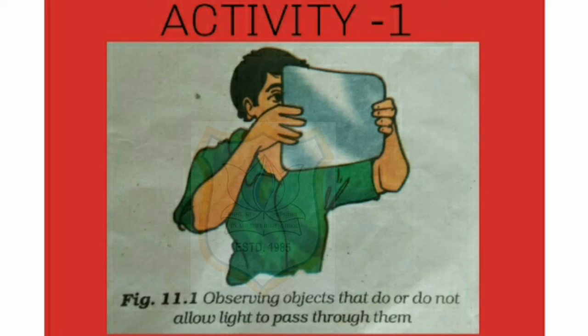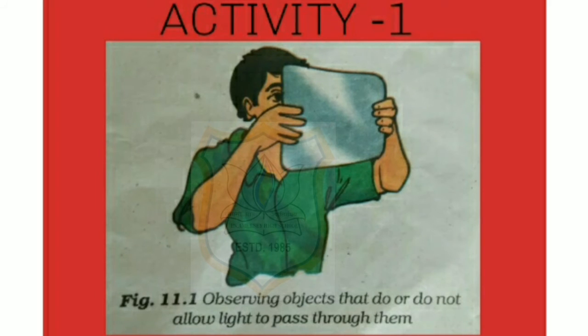When the lighted candle is invisible, the object is made of some opaque material. So, dear students, with the following objects, you can identify whether the material is transparent, translucent, or opaque, and you can complete table 11.1 on page number 108.